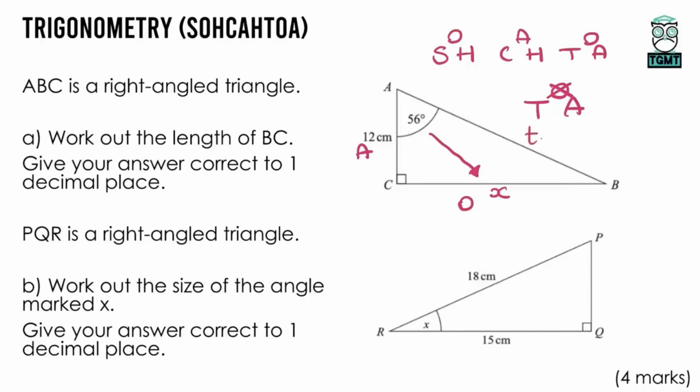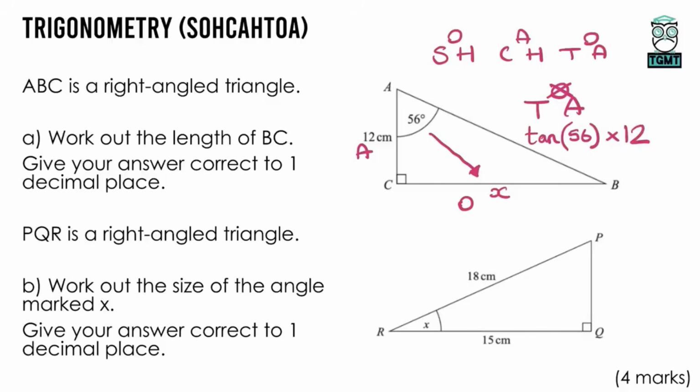Whenever you press sin, cos or tan on your calculator, a bracket will appear, and that reminds you to put the angle in the question into that bracket. Just don't forget to close the bracket. We're going to multiply that by the adjacent, which in this case is the 12, and then we just need to type that into the calculator.